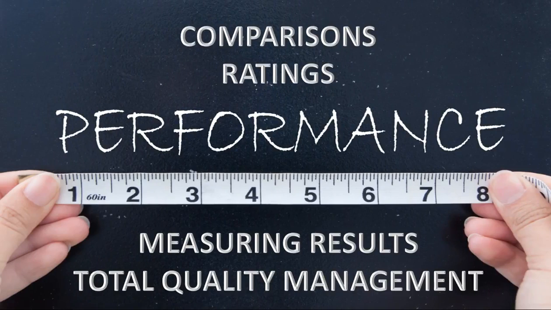Another area we want to talk about is that of ratings. There are lots of methods to rate attributes and behaviors. These can include graphic rating scales and mixed standard scales. Now, graphic rating scales list the traits and provide a rating scale for each trait. Employers use the scale to indicate the extent to which an employee displays each trait.